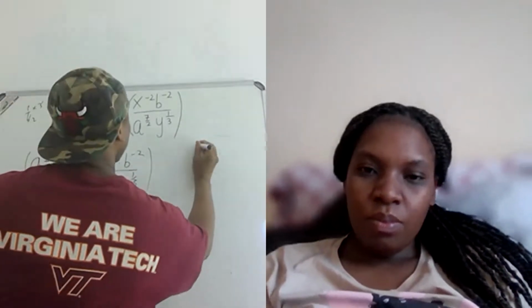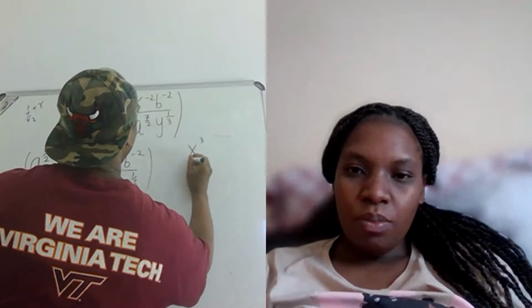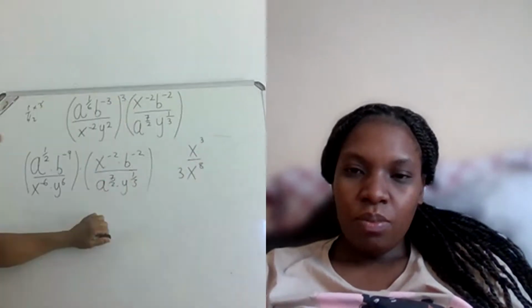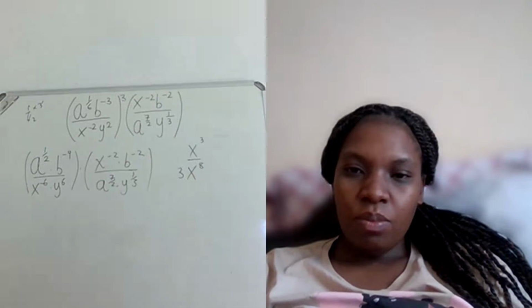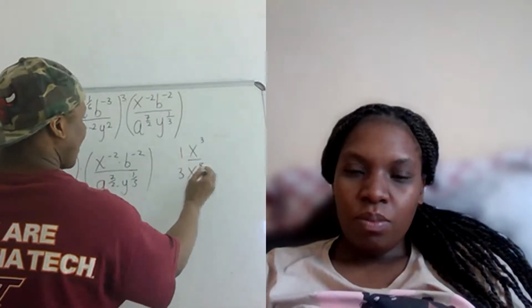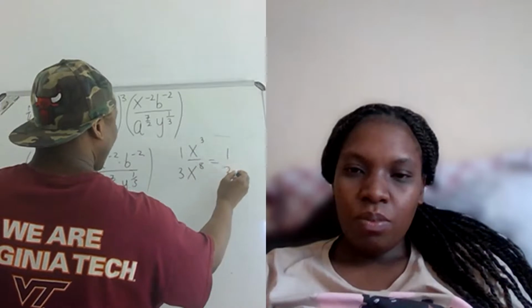Now, if somebody gives, let's say, x power 3 over x power 8, simplify. It's way easier. I'll say, well, I know how to do it. So what you do, you say, well, here there's no number, so write 1. So I'm going to say 1 over 1.